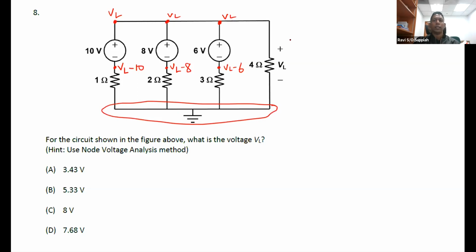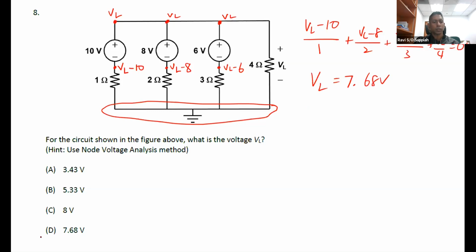The expression you will get is (VL minus 10) over 1 plus (VL minus 8) over 2 plus (VL minus 6) over 3 plus VL over 4 equals 0. From there you can calculate VL to be 7.68 volts.